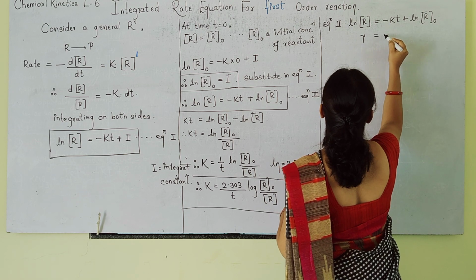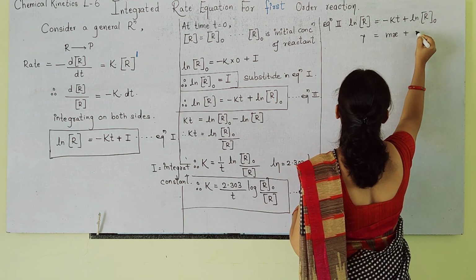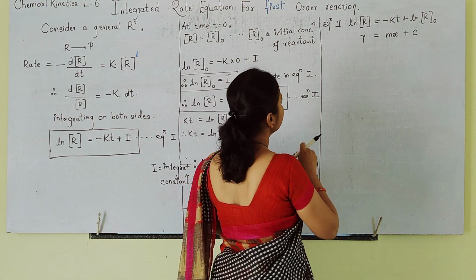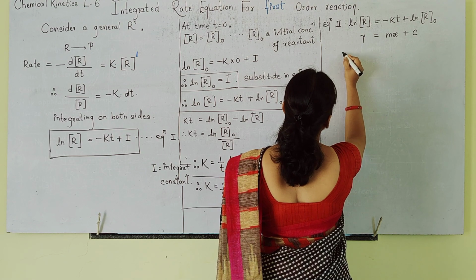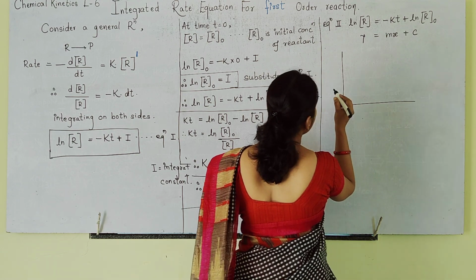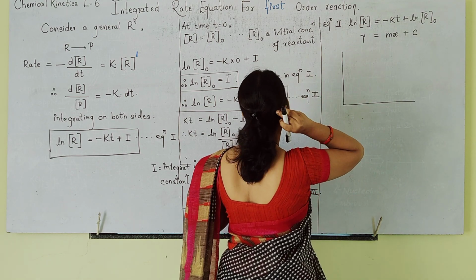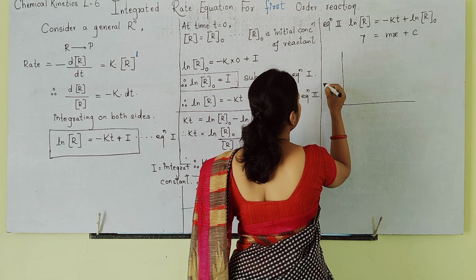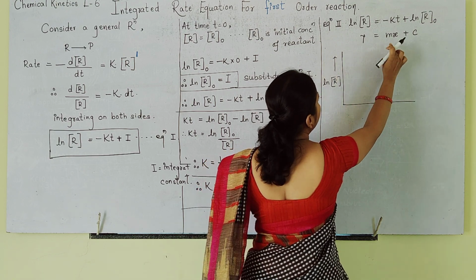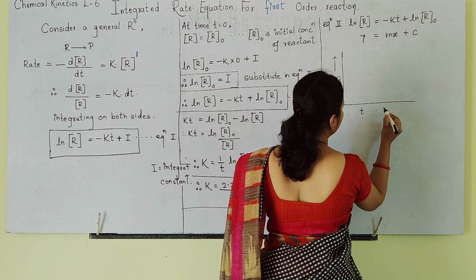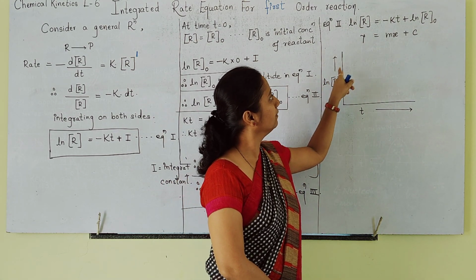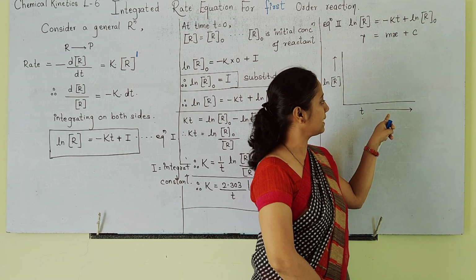Compare with y is equal to mx plus c and plot the graph. Y means what shall I write? Don't write only concentration of R. It is now ln R. X is the same, time. Y is ln R, X is time.